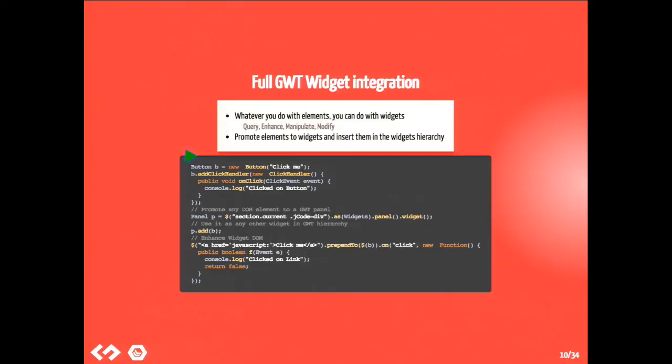It is the current slide, the current box with our code, and we are converting it to a widget, in fact to a panel. So what we have is a real panel for Wit, right? So we can add the button to the panel, and then what we can do is enhance the button, adding an anchor inside the button.